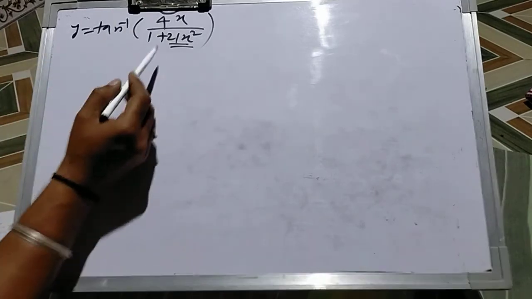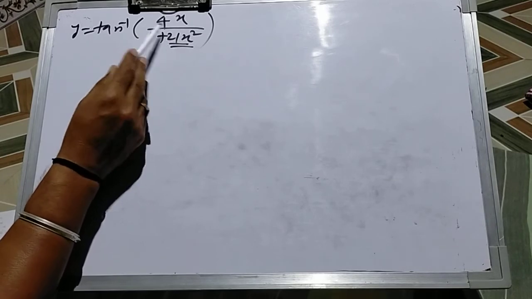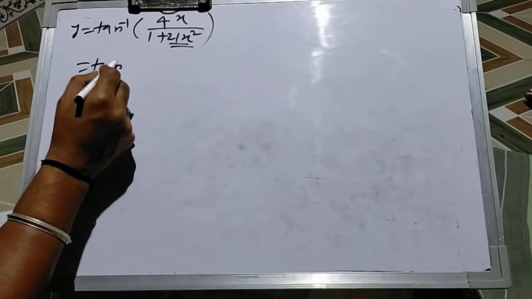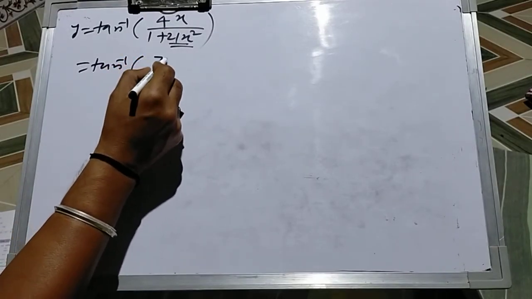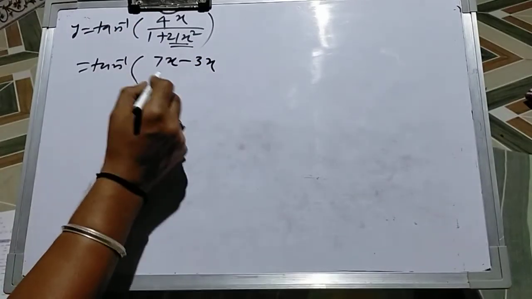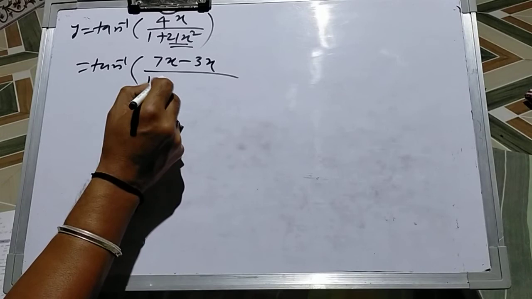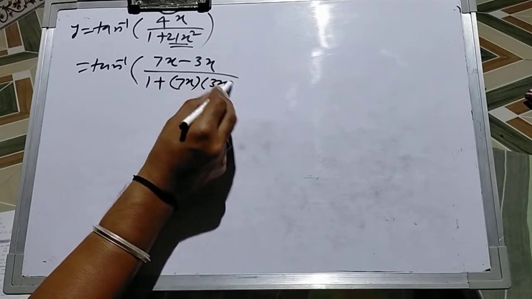And here the term is plus, so in the numerator 7 minus 3 means 4. So we consider this term as tan inverse of 4x, which is 7x minus 3x, divided by 1 plus 21x square, which is 7x into 3x.